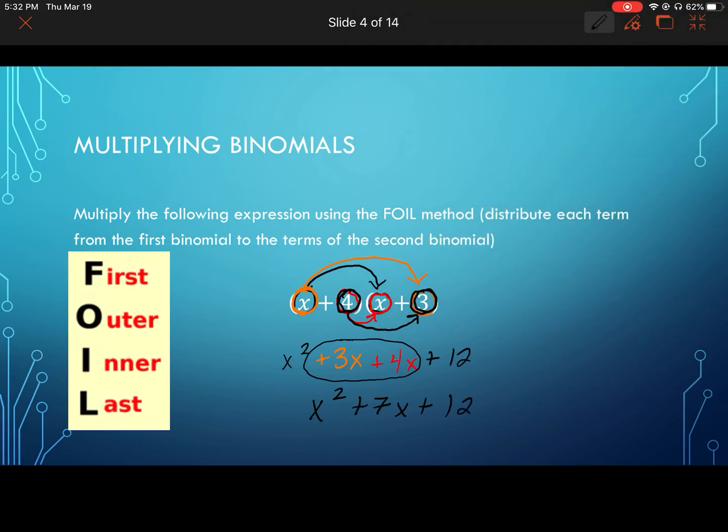Okay, so when you're done, if you use the arrows to kind of keep track of everything, you should end up with distributing the first term to the first term and to the last term, and then again on the bottom, the second term times the first term, and the second term times the last term. So FOIL, first, outer, inner, last.